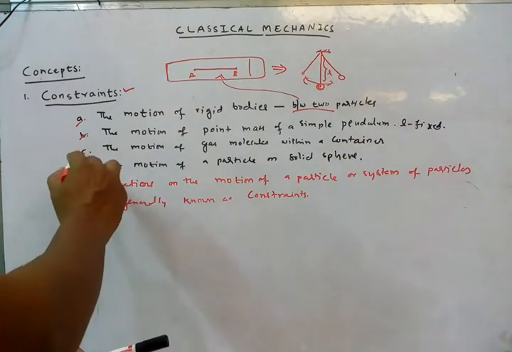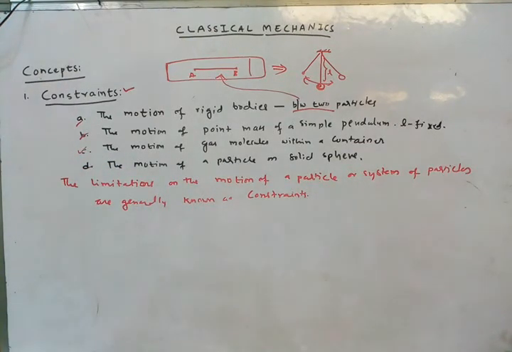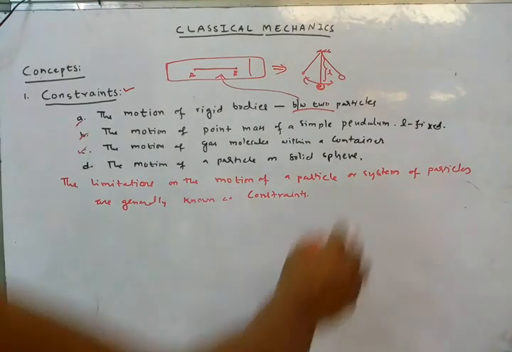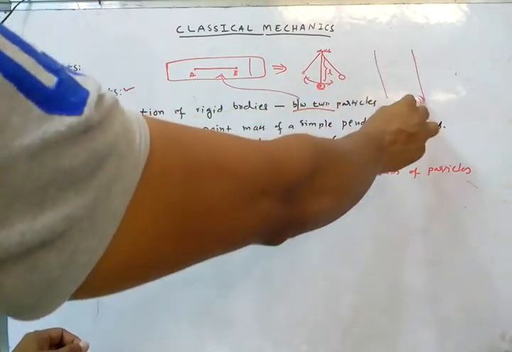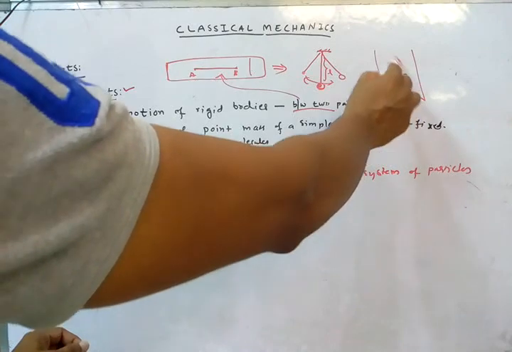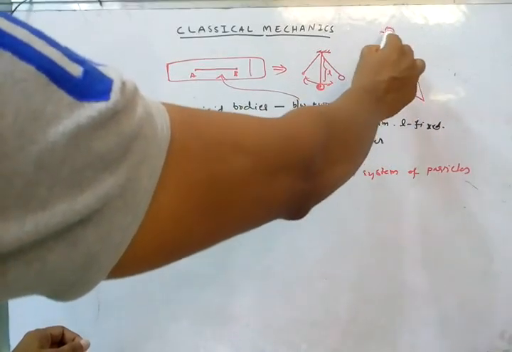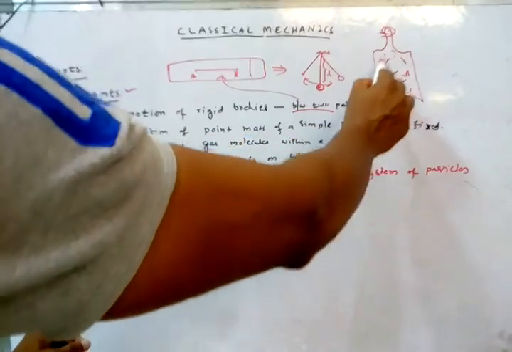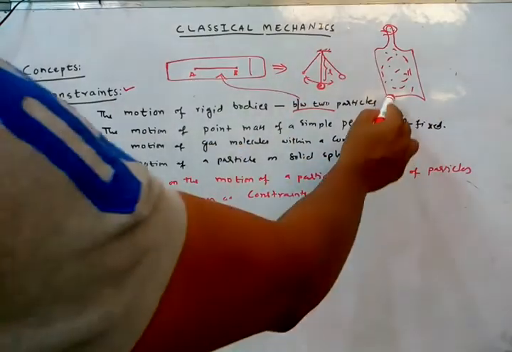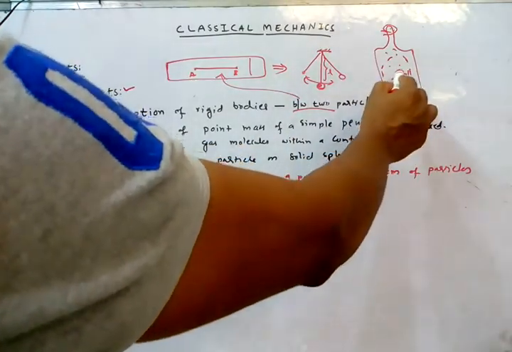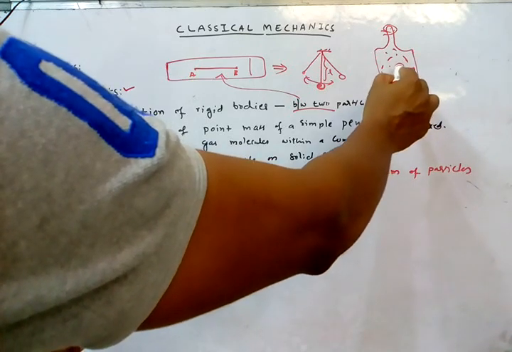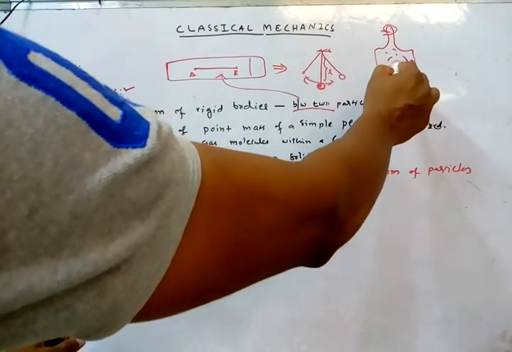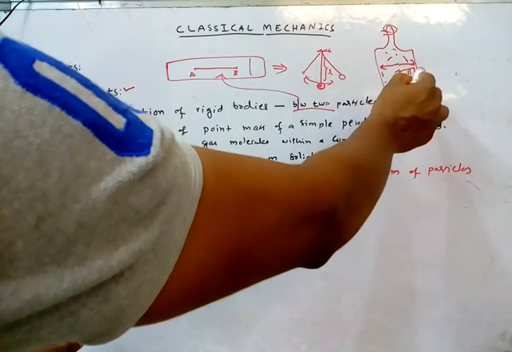If you go for the third case, the motion of gas molecules within a container, take this one. This is a container, and gas molecules are inside. The molecules have to move inside only. For example, take this molecule: it has to move only this much distance. It can't go out.